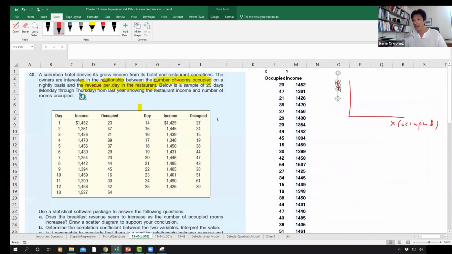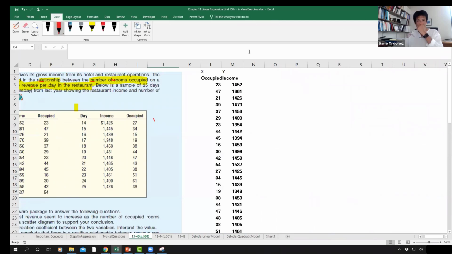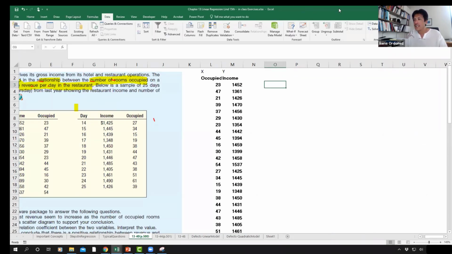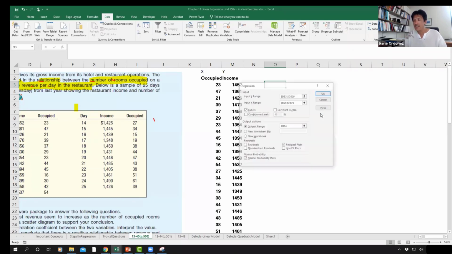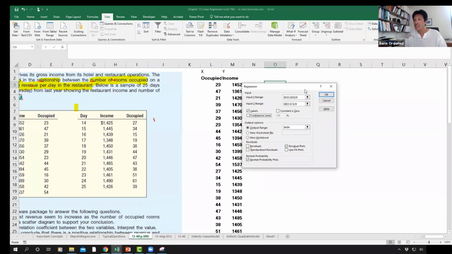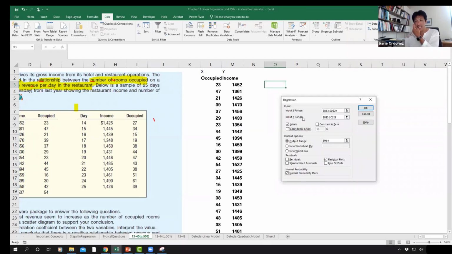I'm going to go back here, delete these, clean this up, because I'm going to put the regression output on this side. Okay. Data analysis, and then one of the options there is regression. We click that, and here's the dialog box for the regression analysis.